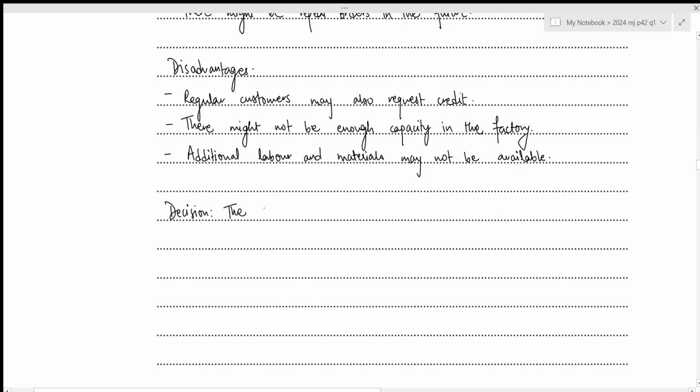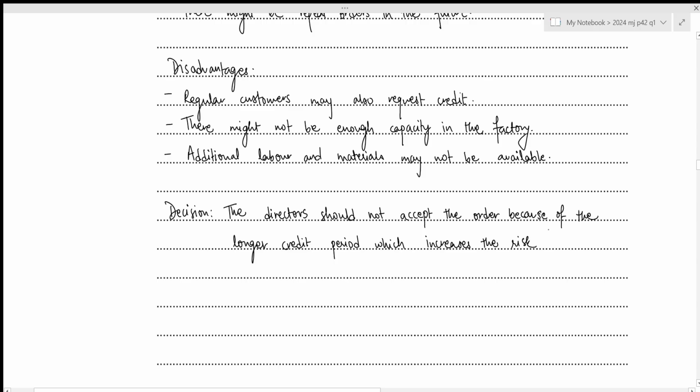The directors should not accept the order because of the longer credit period, which increases the risk of not being paid.